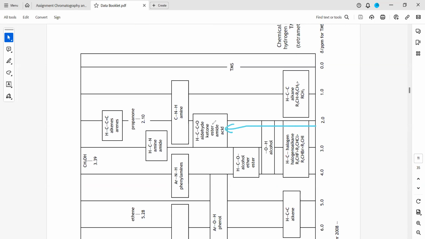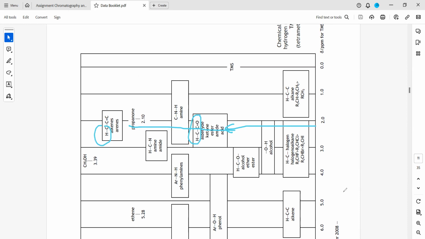So 2.3 shows an aldehyde, ester, or amide, in which the C double bonded with O is attached to a carbon chain, like a carbonyl group attached to a carbon chain. Or it can also be when alkenes or arenes are there, a carbon attached to an arene, or carbon double bonded with carbon.